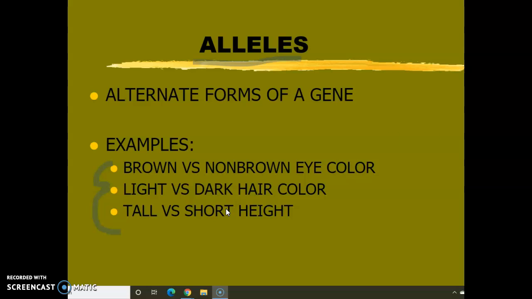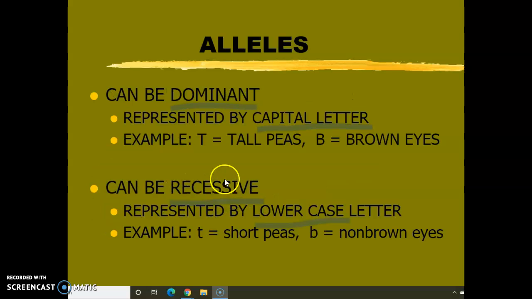Now, these alleles can be dominant, this is number 10, or recessive. Underneath in that little space underneath dominant, I want you to write capital letter. So that's what we call the big letter. And recessive, underneath that, put little letter or lowercase letter. And we'll be working several problems on this in the next class meeting and learning about this.